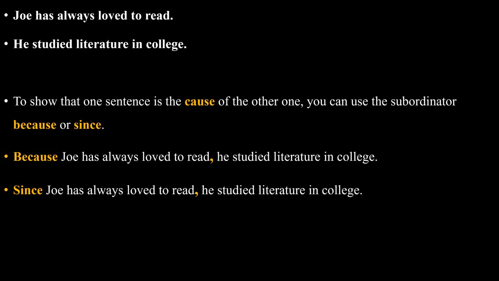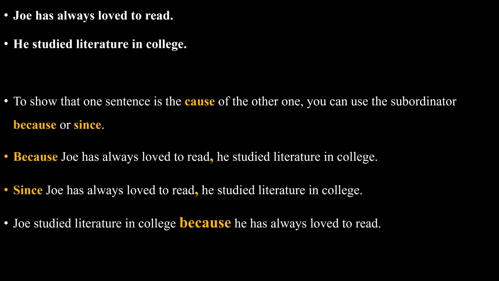So if I write sentences like this, my writing is sophisticated and my reader will be able to follow my ideas very clearly and easily. Now remember, you can use the subordinator because and since in the middle of the sentence without the comma. Here is an example.